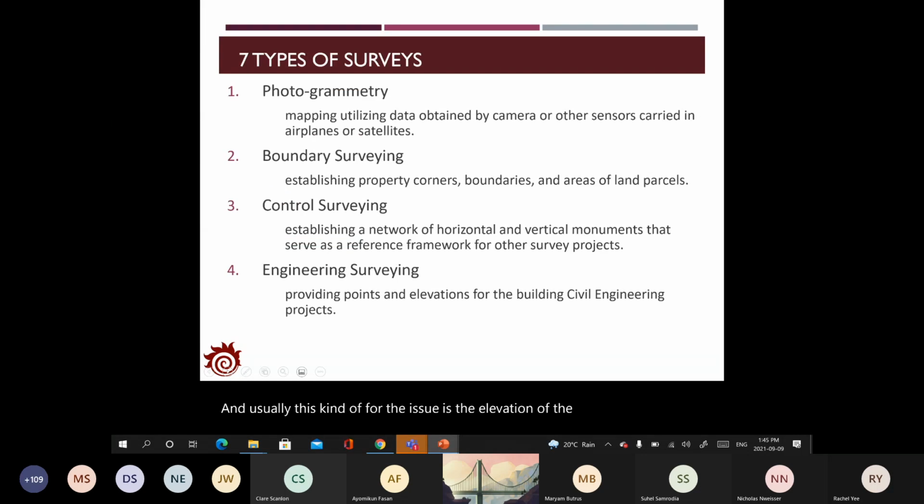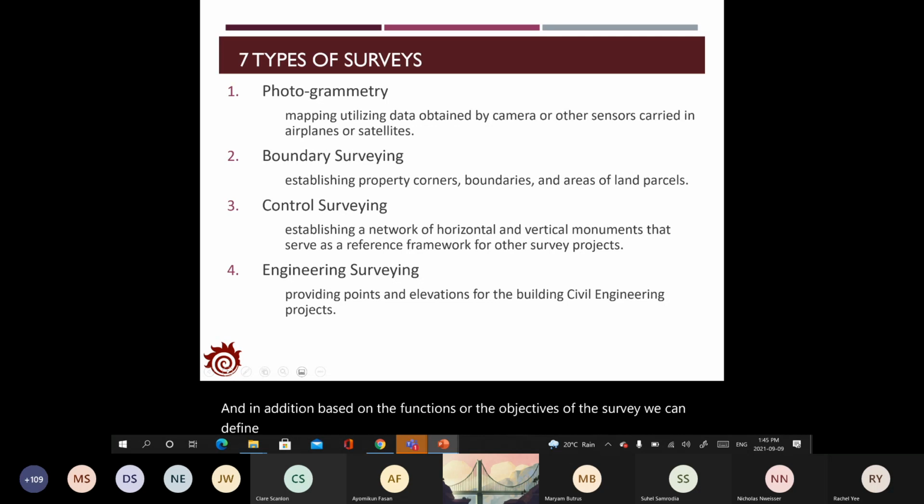And in addition, based on the functions or the objectives of the surveying, we can define seven types of surveying. The first one is called photogrammetry surveying, and this one is usually applied to map the surface of the Earth.